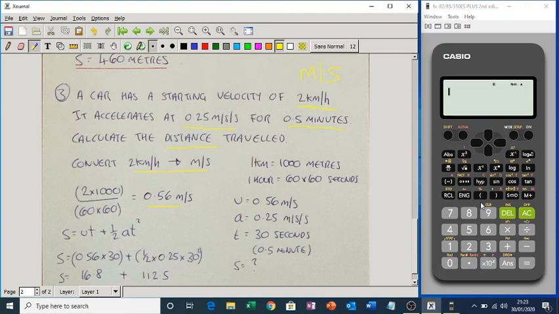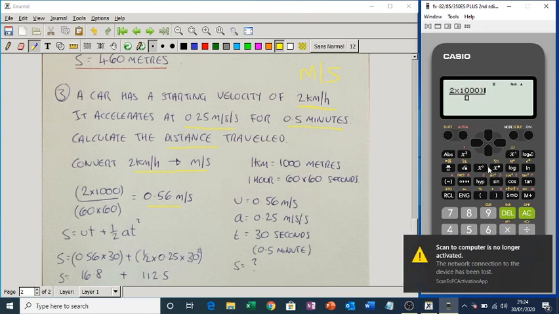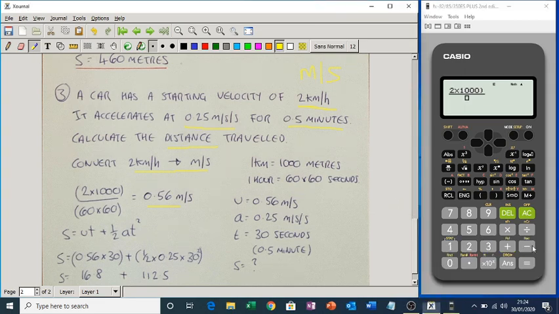So on your calculator you can do it like that if you want to. 2 times 1,000. I'll put some brackets around it for a laugh. Brackets round it there, look. Come down here. 60 times 60 is 3,600, but we'll do it anyway.